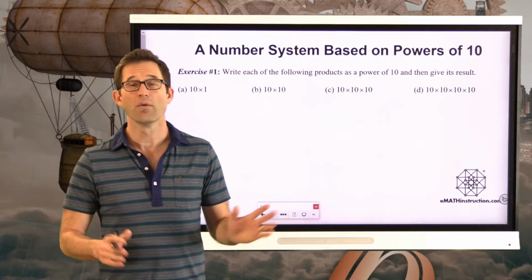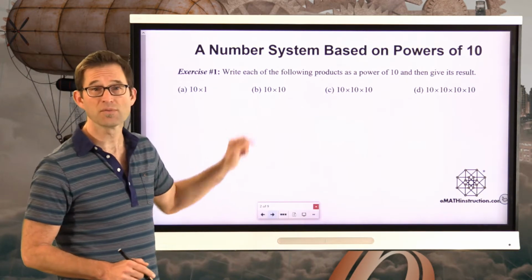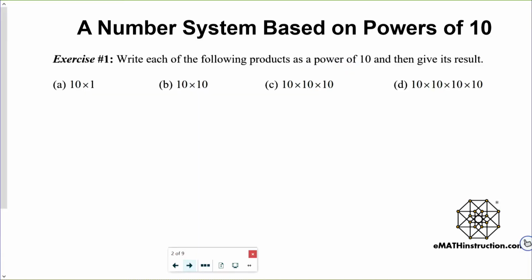All right, so very simple, especially letter A. Let's do this together. 10 times 1 is simply 10 to the first, which is 10.